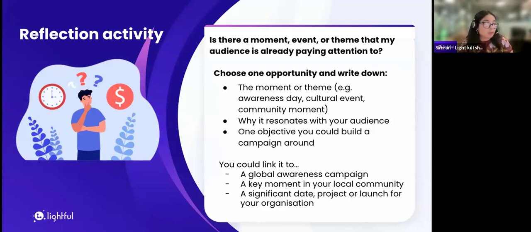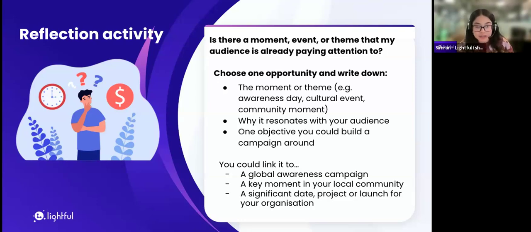So this could be an emotional moment, a cultural moment, a seasonal, or maybe it's mission specific. So please do take some time and share in the chat what kind of opportunities you can identify from thinking about your audience. And maybe we can think back to what Medical Aid for Palestinians did for inspiration.